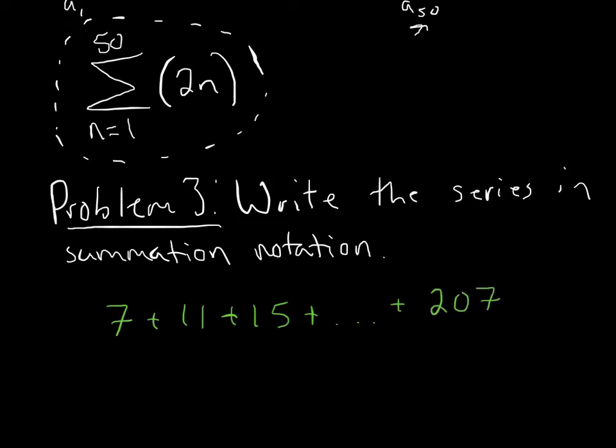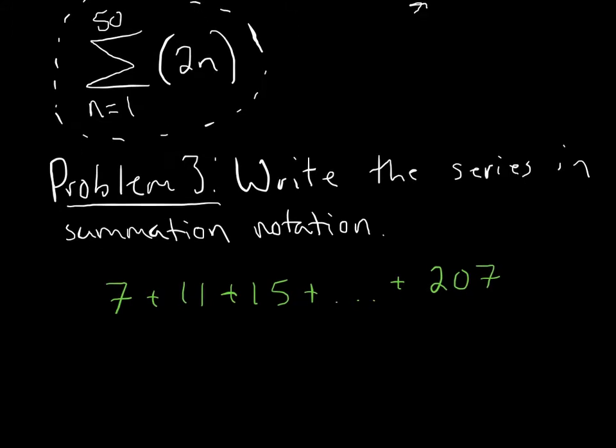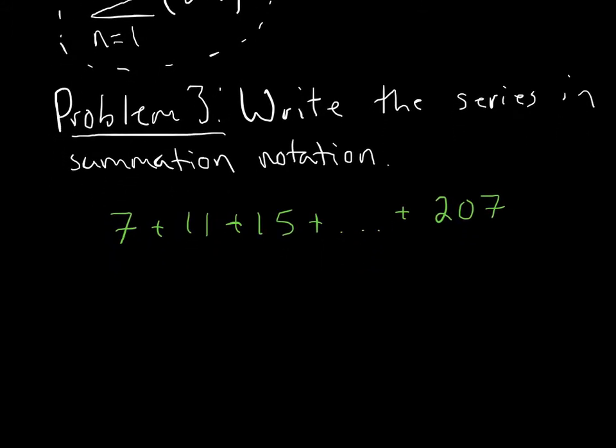Now the first thing that you want to do when writing it in summation notation is, we know that we're going to have the Greek letter sigma, and let's go ahead and start with the lower limit as n equals 1. So this is going to be our a sub 1. We also need to find the upper limit, which is going to be the n, how many terms it takes to get to 207.